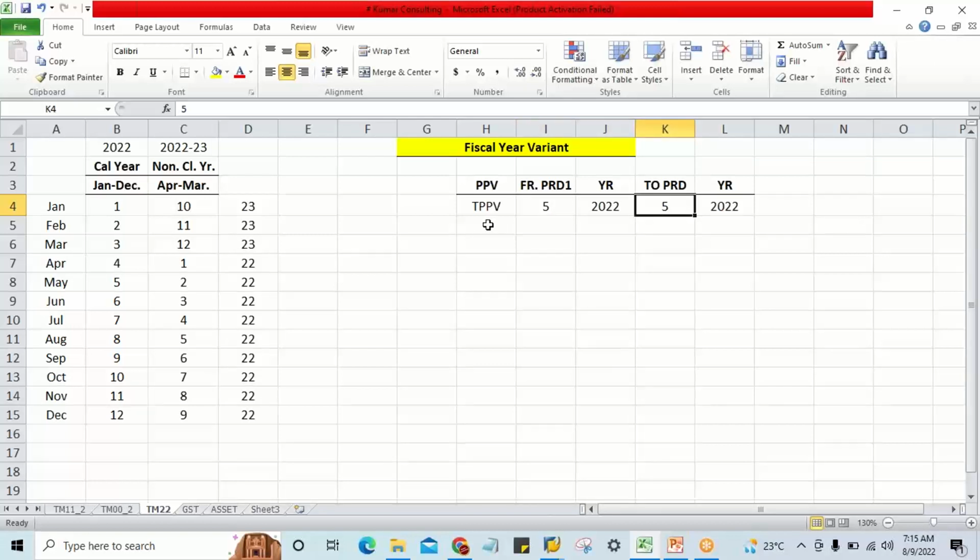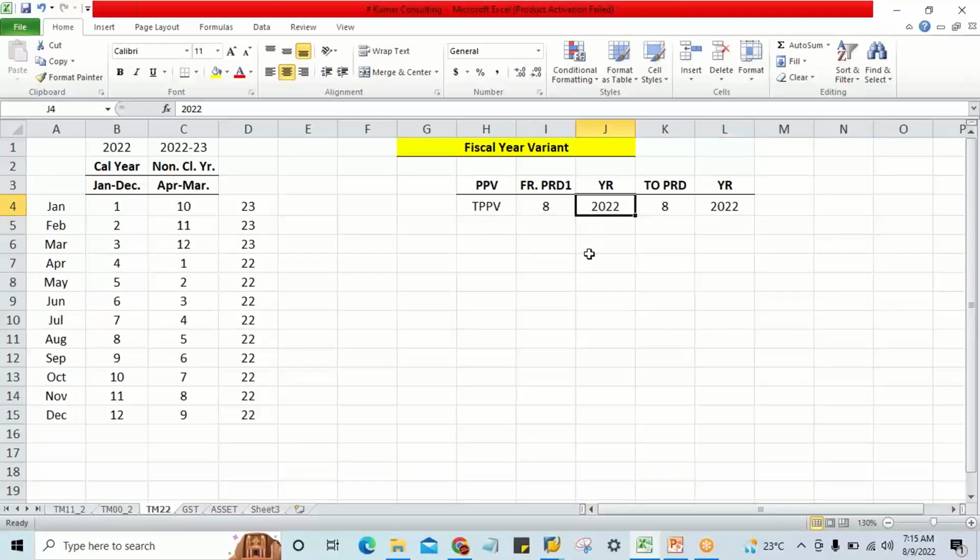Now if we are in, let's suppose, November month, which period am I supposed to open, guys? 8th. Yes, the 8th period we have opened, and the year will be 2022.